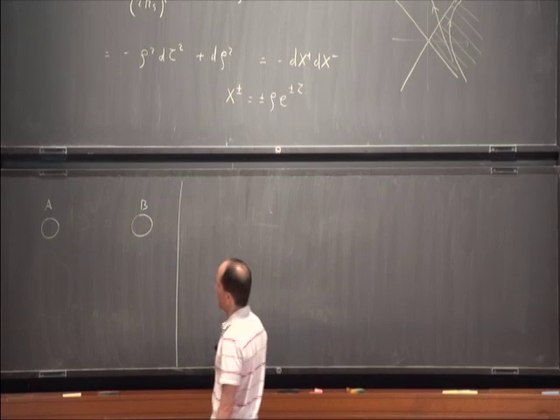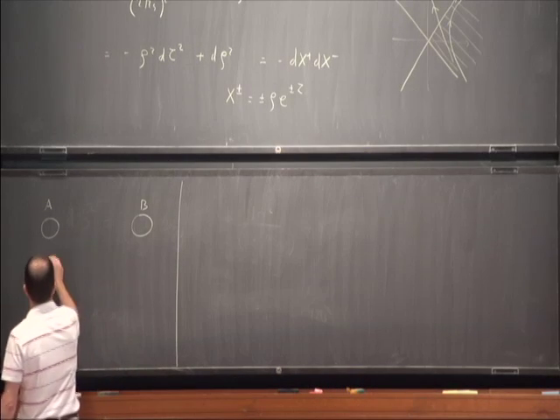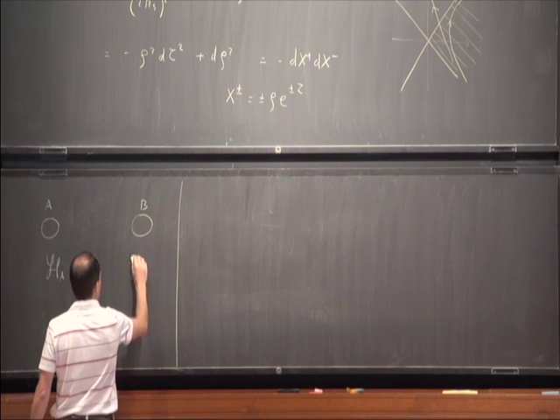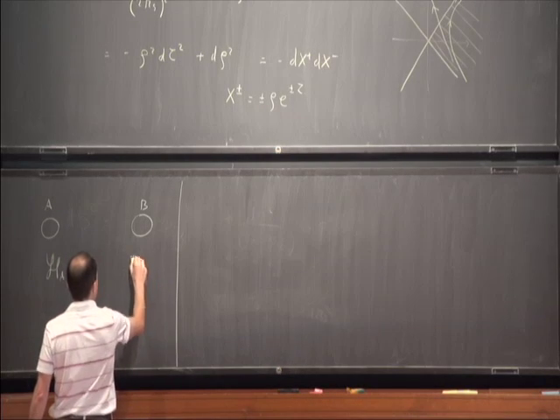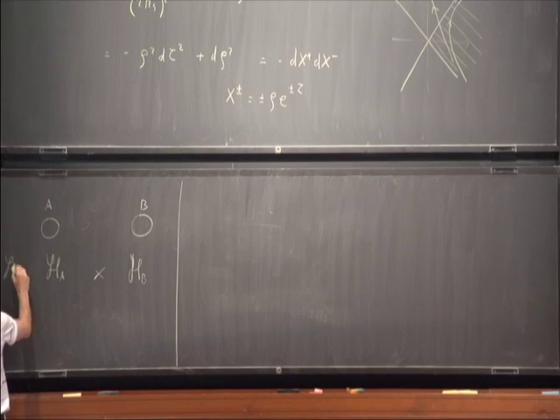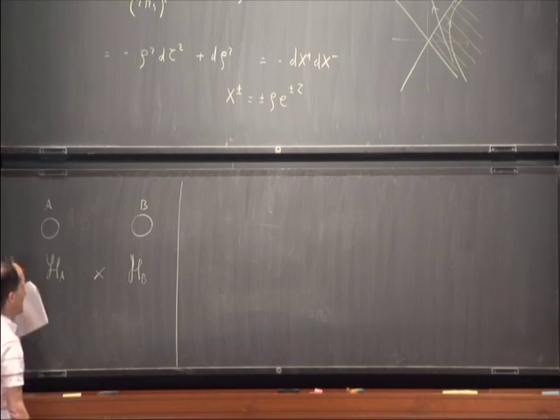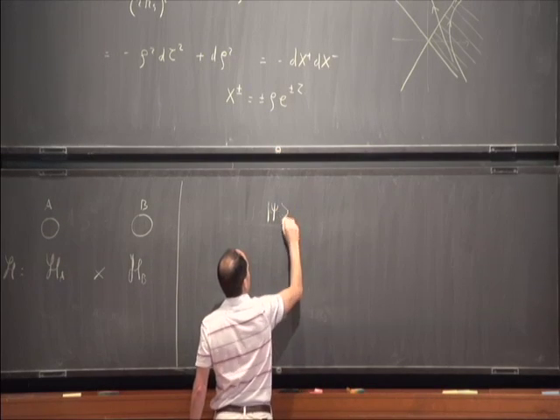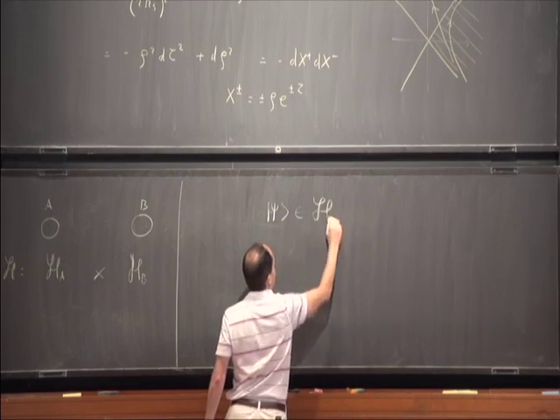And sometimes one can quantify the extent of the entanglement. There is some Hilbert space for system A and some Hilbert space for system B, and there is a total Hilbert space, which is the product of these two. And we have a pure state psi that lives in that total Hilbert space.